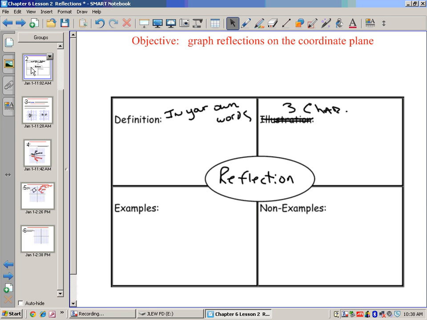And just draw me one example, and then one non-example of a reflection. In your own words, those again are on your own and due for class in the morning. Again, you can always go back into the lesson and review it. Any questions, we'll go over it in class as well. And this is going to end Lesson 2.